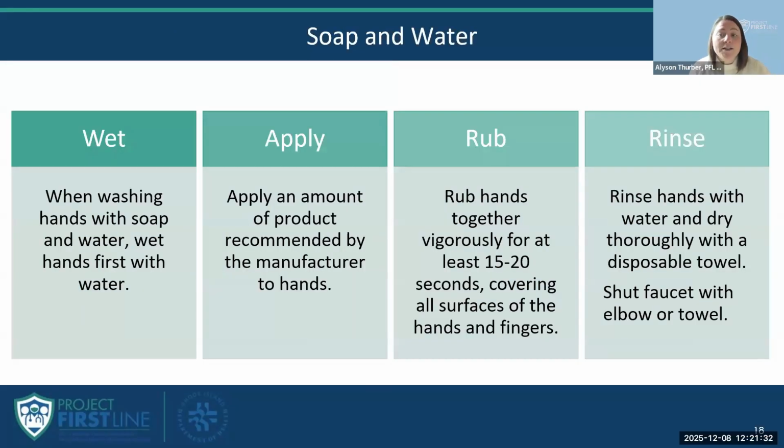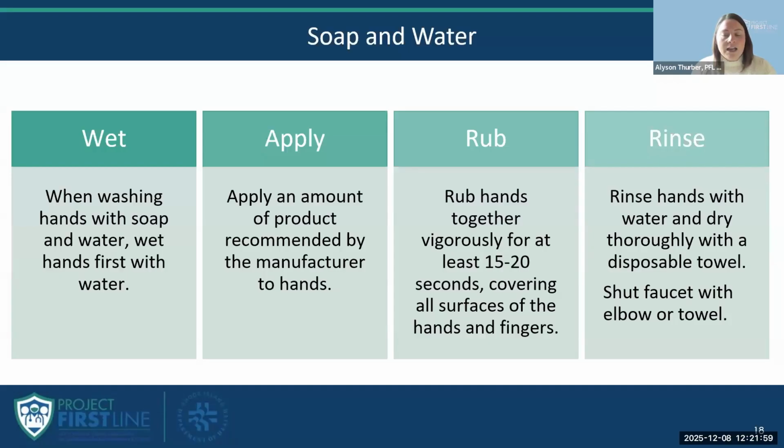All right, so soap and water. Let's go over some details about hand washing. Soap and water removes all harmful bacteria if performed correctly with antibacterial soap in healthcare settings. The CDC recommends when cleaning your hands with soap and water to wet your hands first with water, apply the amount of product recommended by the manufacturer, and to rub your hands together vigorously for at least 15 to 20 seconds.